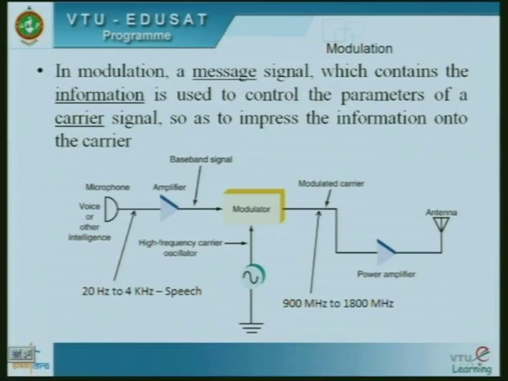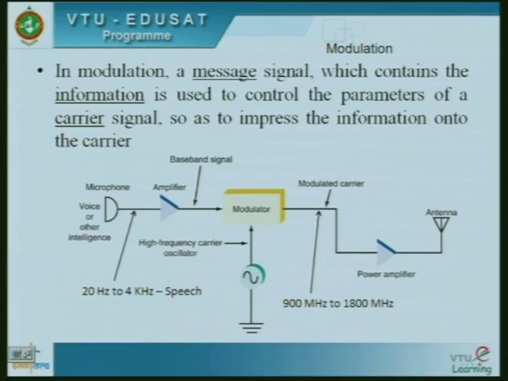Now let us get into the next important subtopic, that is modulation. Let me first of all define what modulation is. According to the definition, in modulation a message signal which contains the information is used to control the parameters of a carrier signal so as to impress the information onto the carrier.